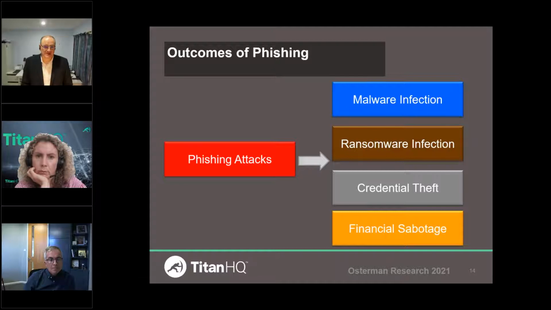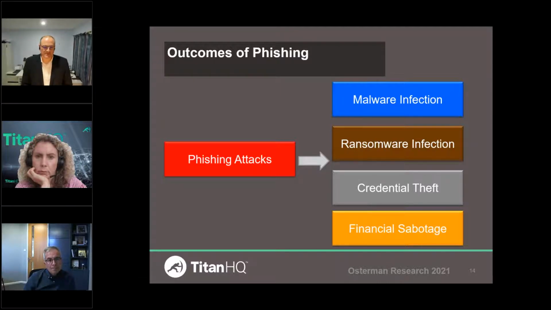It could simply just be credential theft. And if multi-factor authentication is not being used, the theft of an individual's username and password to a trusted system then gives a cyber threat actor the ability to pretend to be them and access and exfiltrate data that belongs to the corporation.